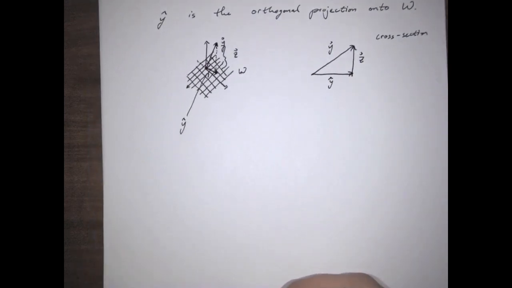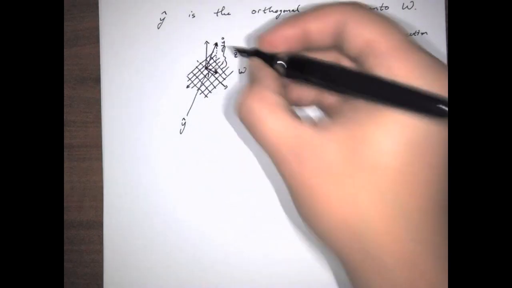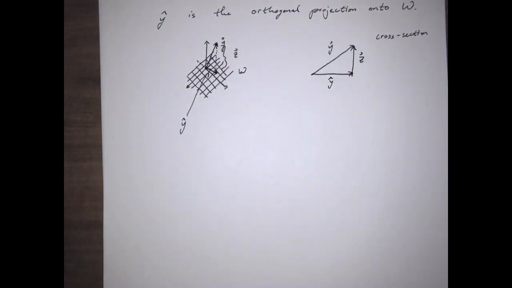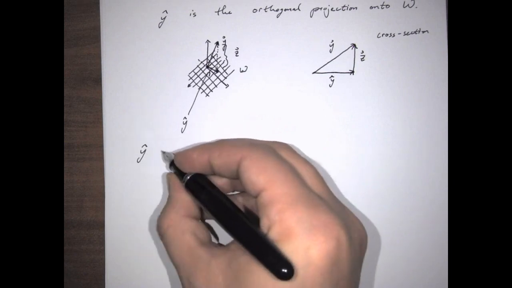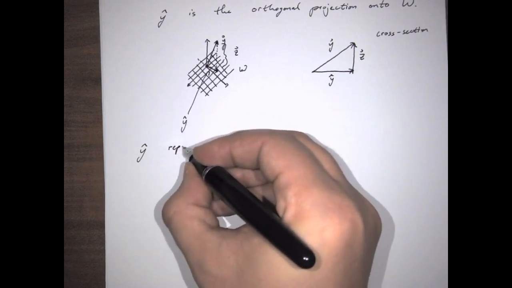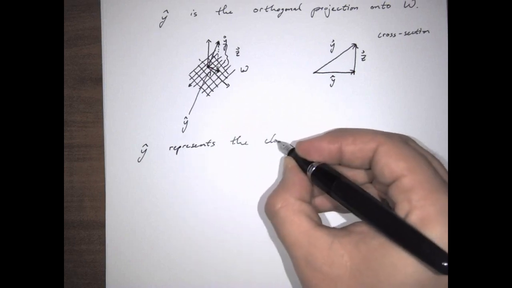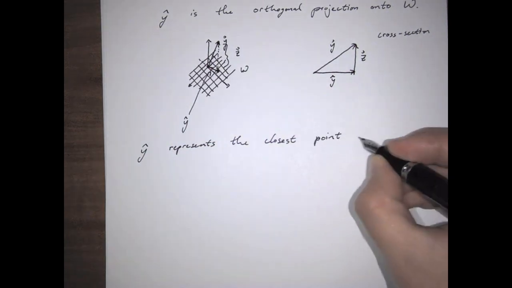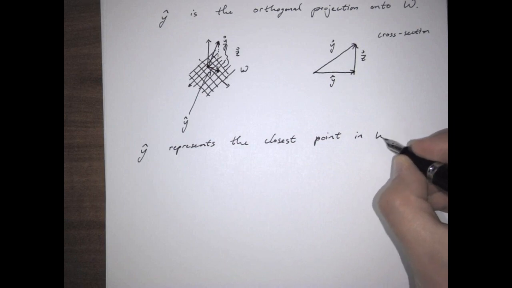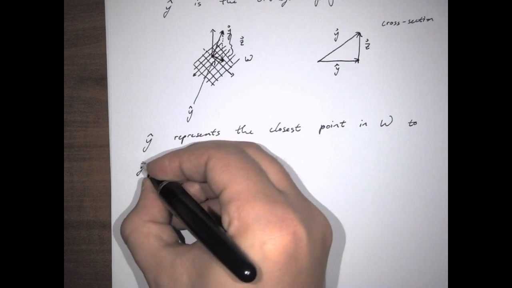Now, what the y hat represents, also geometrically, is the point on the plane, or in other words, in the space W, that is closest to the external point y. So y hat represents the closest point in W to y.